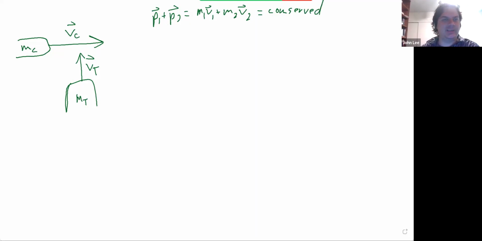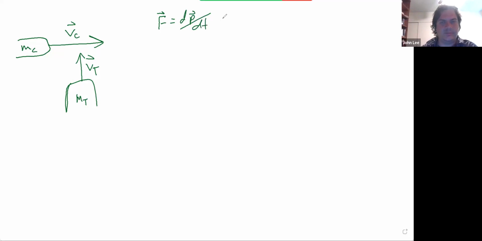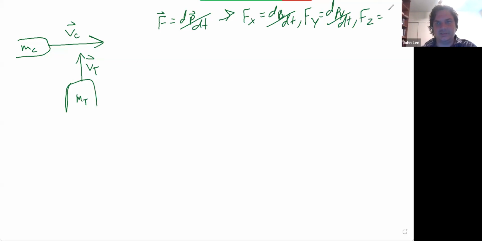So that's something that I've already said, so I'm not even going to bother writing it out, but the main thing is that F equals dP/dt yields Fx equals dpx/dt, Fy equals dpy/dt, Fz equals dpz/dt.